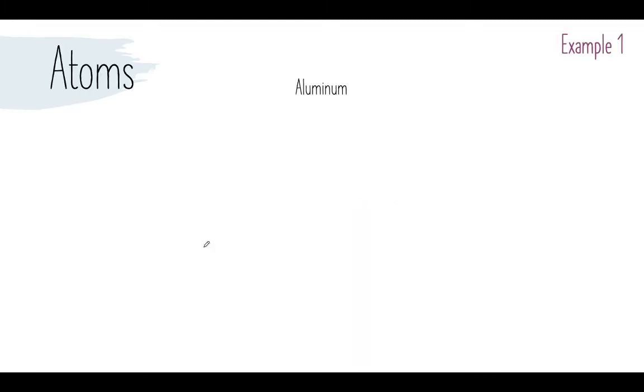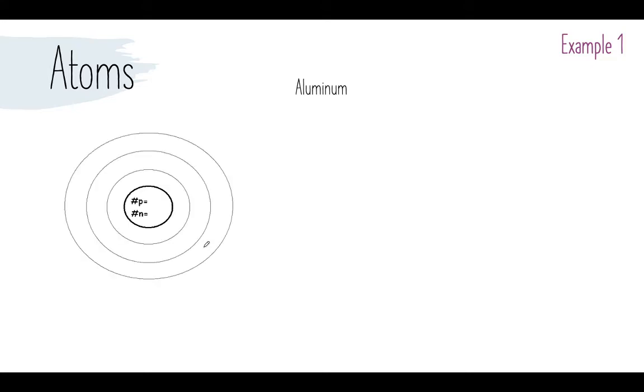In order for us to look at the diagrams for ions, let's start off with the diagrams for an atom. So let's look at aluminum as an example. This is our first example. Let's draw the Bohr-Rutherford diagram as well as the Lewis diagram for aluminum, the atom. For a Bohr-Rutherford diagram, the first thing I have to include are my protons and my neutrons.